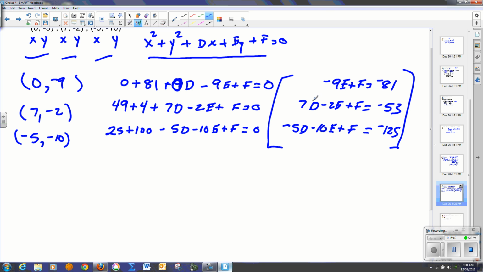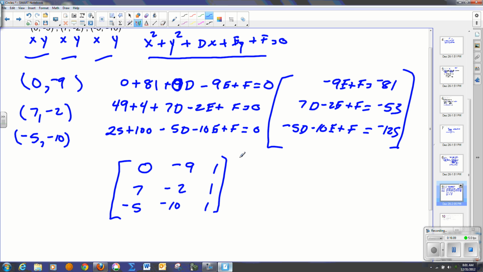So I take the coefficients of this, which are 0, negative 9, and 1, 7, negative 2, and 1, negative 5, negative 10, and 1. That represents the coefficient matrix.